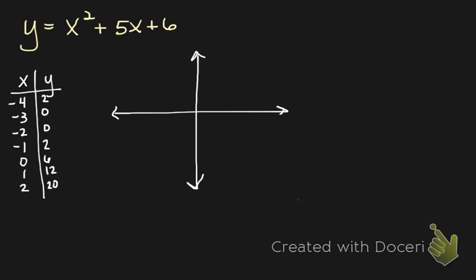So if we take a look at this, what we notice is that our y-intercept, our starting value, happens when y equals 6. Now if we go ahead and look back up at our equation, 6 is our c value. And this happens because when we plug in 0 for x, we get 0 squared, which is 0, plus 5 times 0, which is also 0, plus 6.